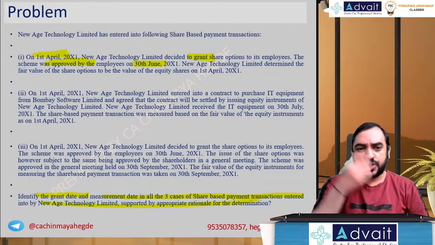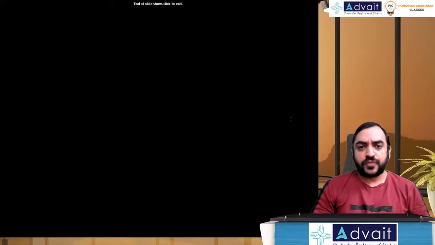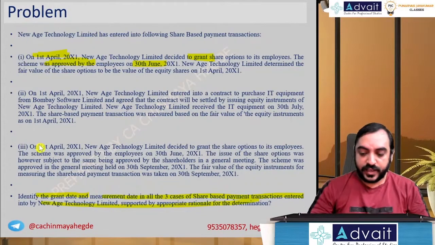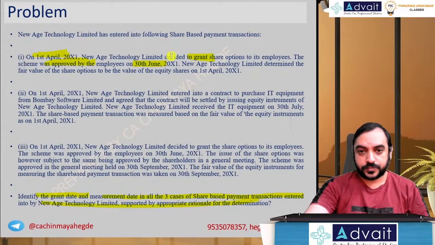Let us read the first situation, then I'll go for the second and third situation. Let's see what the Institute tells you. First, let me quickly read for you the definition of grant date and measurement date.